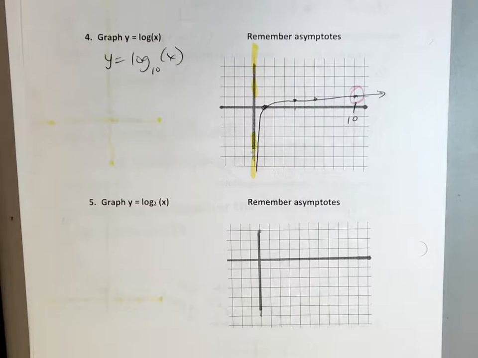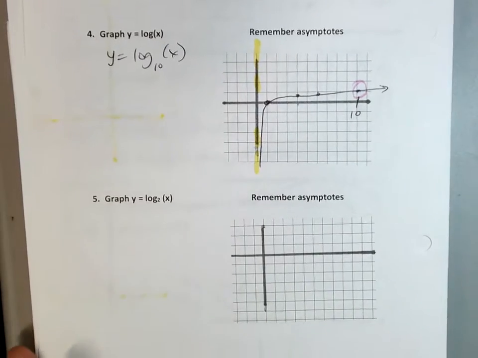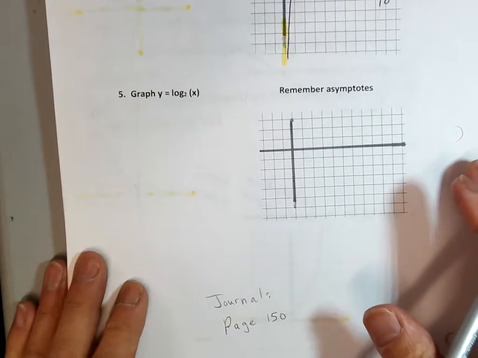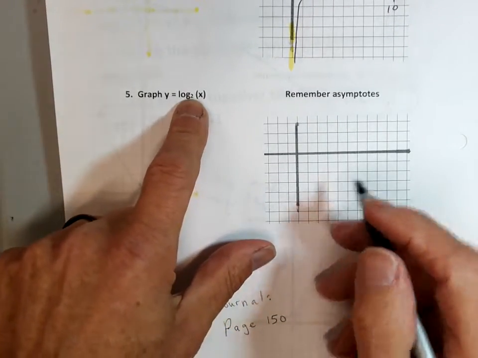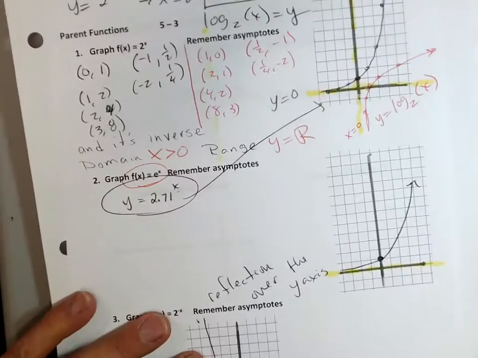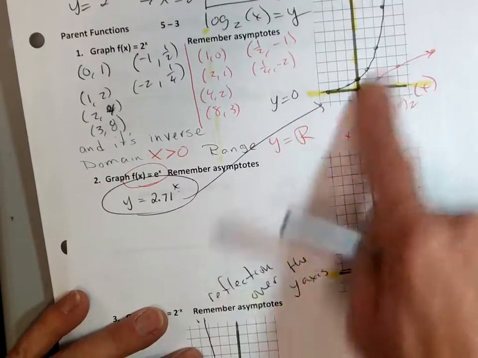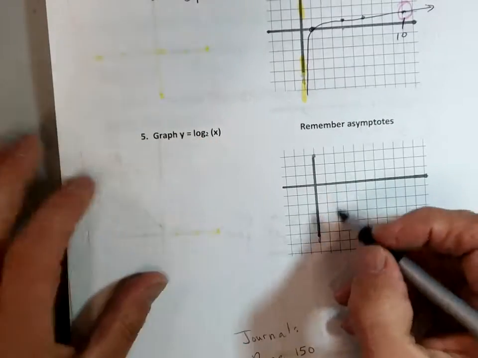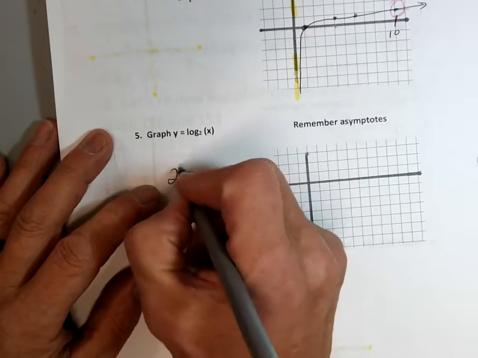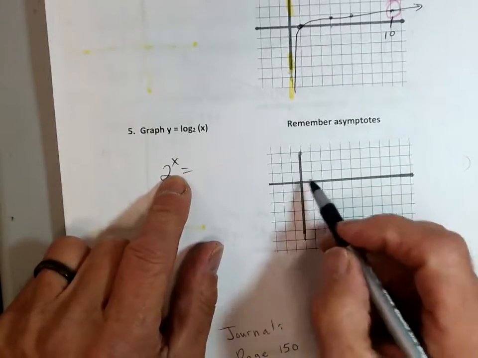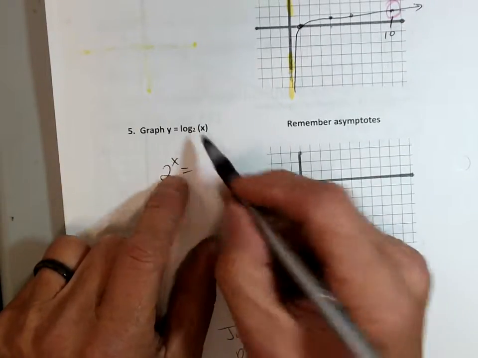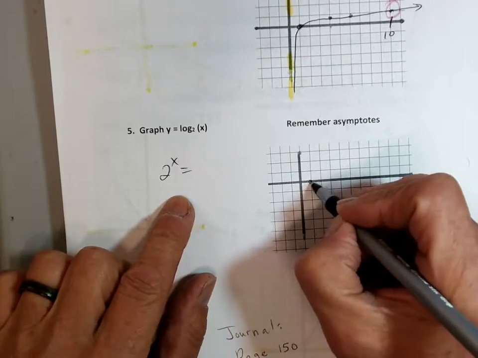So then the difference is on the second one, if I'm going to graph y equals log base 2, again, I can't put that in my calculator. But I know it's the opposite of this. We actually did that graph, didn't we? So let's see if we can do that. I know for sure that 2 to the x, or the inverse, I'm going to have a point here.